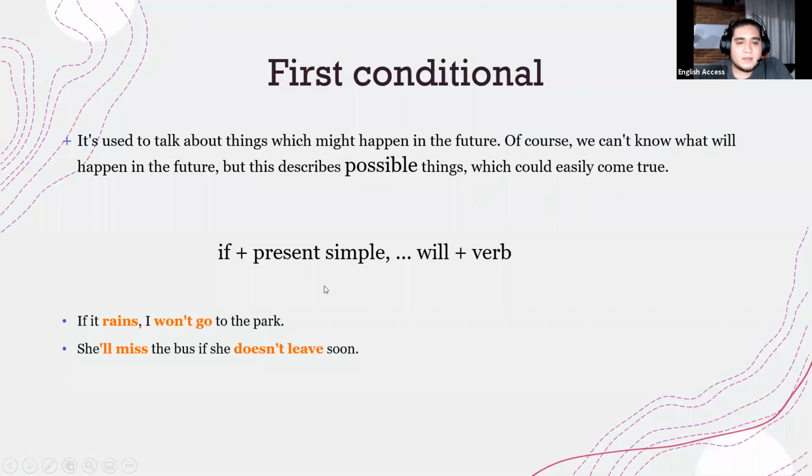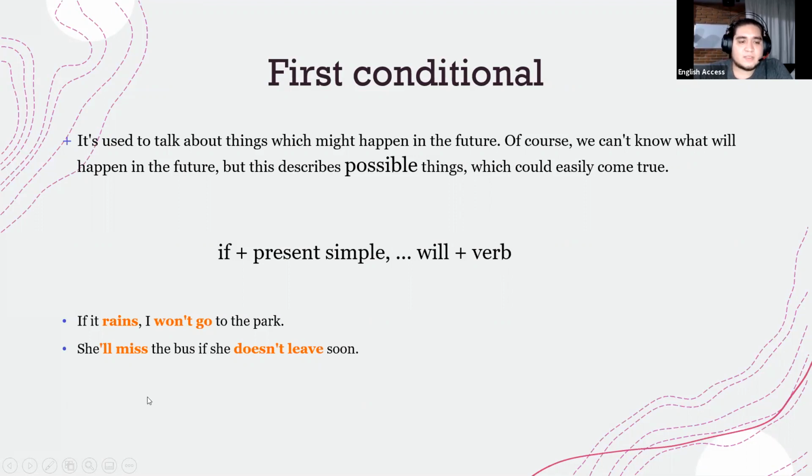Now, the structure for the first conditional is the if clause with the simple present, and the consequence to this if clause is in the future. The simple future: will plus verb.